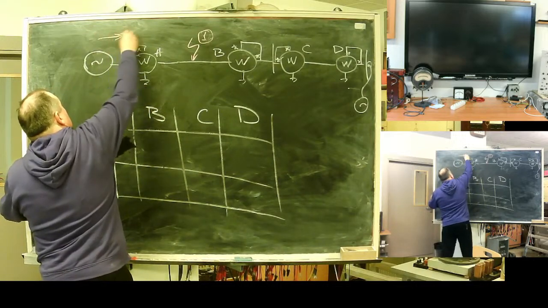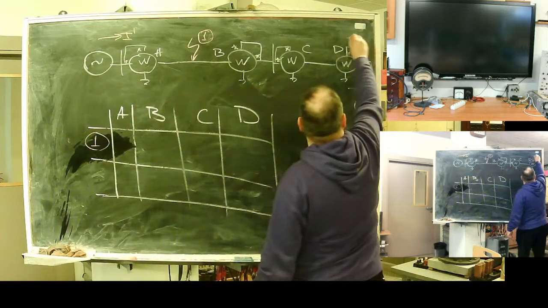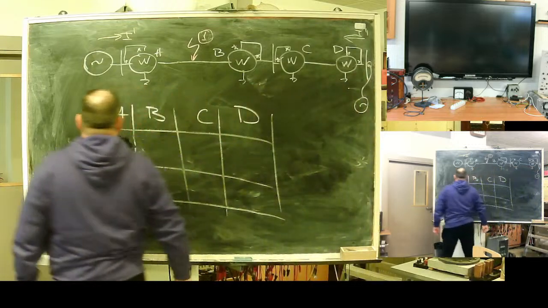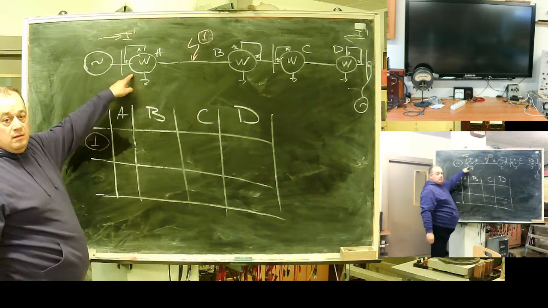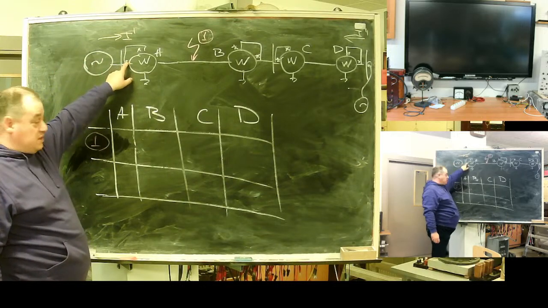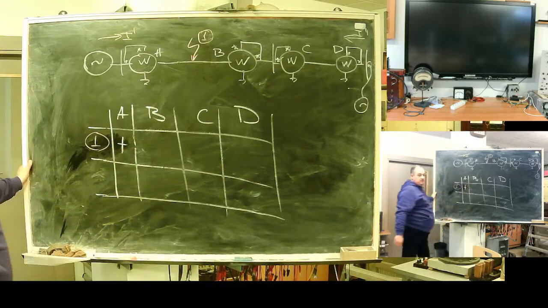For fault 1, current 1, and current 2. What about A? Current flows into the marked terminal. So, here I will see something positive. Yeah?